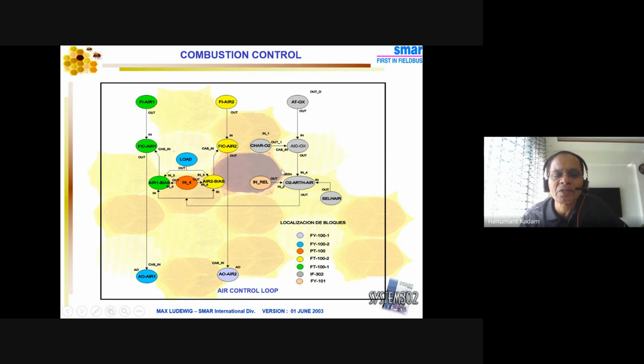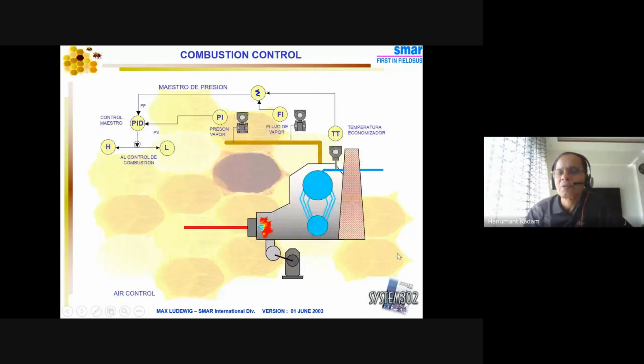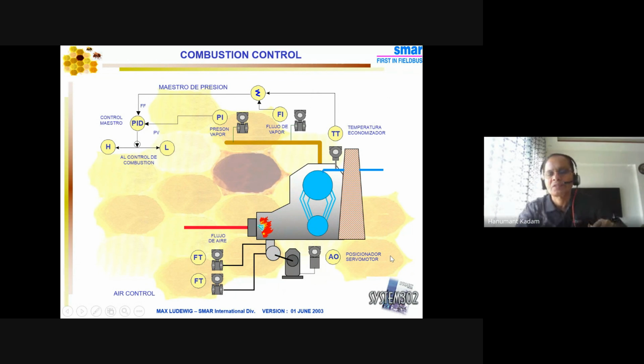In the combustion control, these are the controls used. Going further, you see combustion control first. Here there is fuel, and then you have air, which is required for this, from your forced draft fans and all. For the flow of this air, there are two flow transmitters, and the air comes inside for combustion.